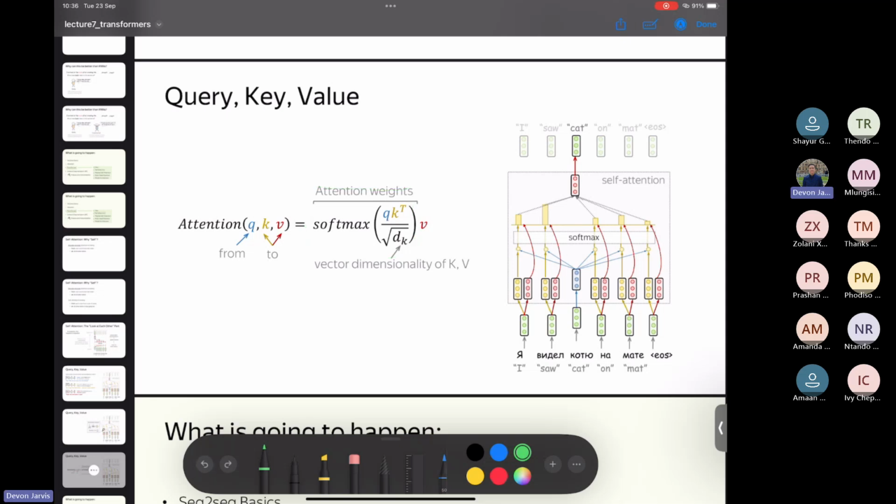That gives us a scalar that says how relevant this token was to the one I'm currently trying to update. That is what this scalar is here, and it then gets used to multiply the value vector for that word up there. You notice that the cat, the word I'm updating, doesn't have a value vector. It's not being used anywhere in this forward pass to get the red vector.